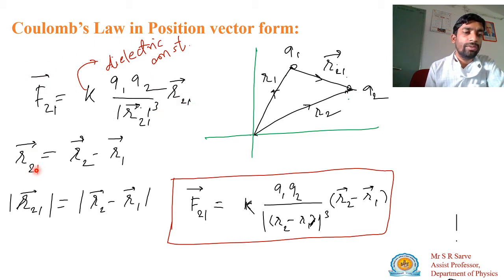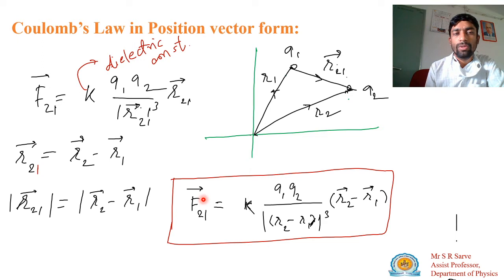But how will you write this r21 vector in terms of position vectors r2 and r1? It is written as r2 vector minus r1 vector, and the magnitude of r21 vector is the mod of r2 vector minus r1 vector.